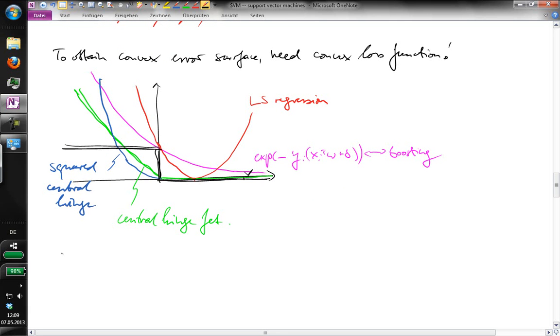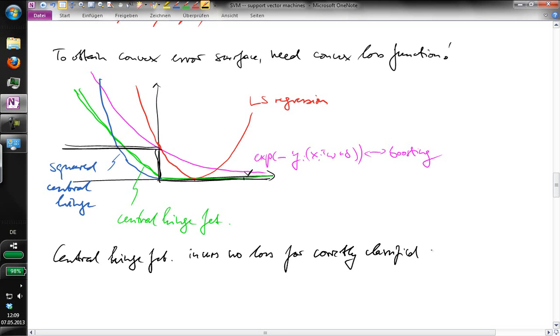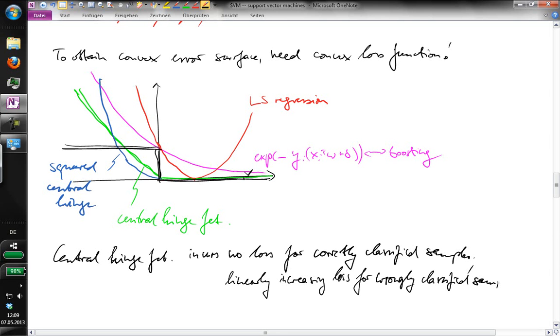The central hinge function incurs no loss for correctly classified samples and incurs a linearly increasing loss for wrongly classified samples, where linearly means linear with distance from the decision plane.